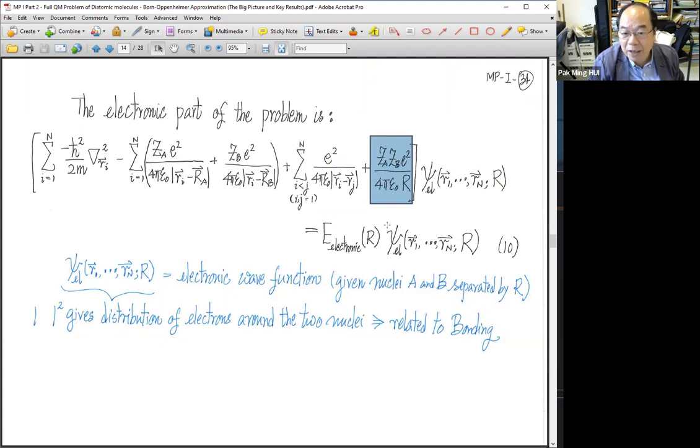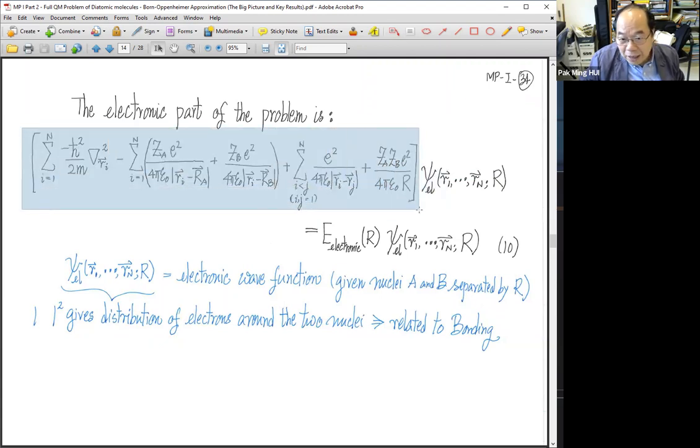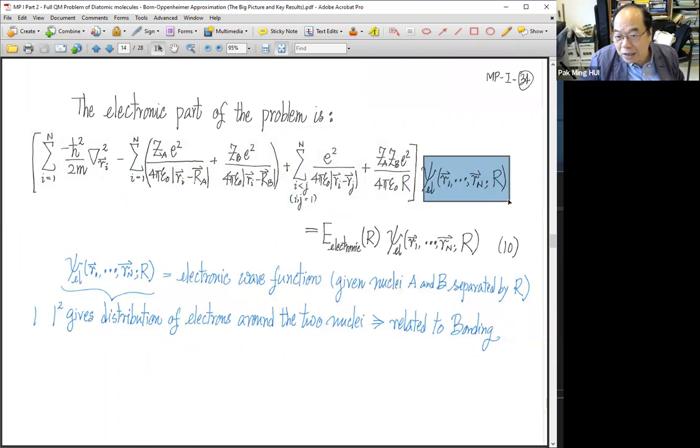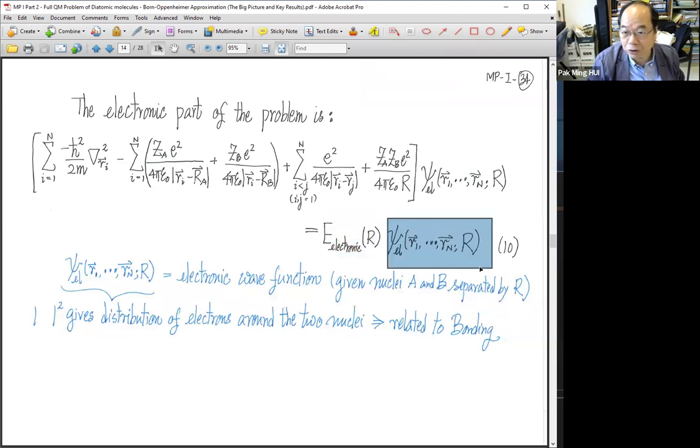It's just a number given out. So I have H electronic acting on the electronic wave function, where R is just a parameter, equals the electronic energy multiplied by the electronic wave function.